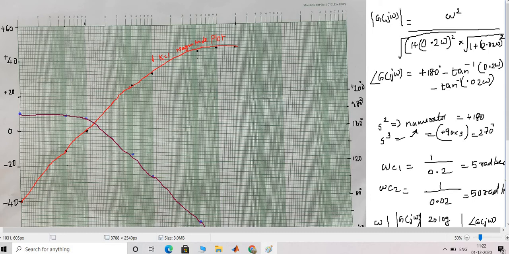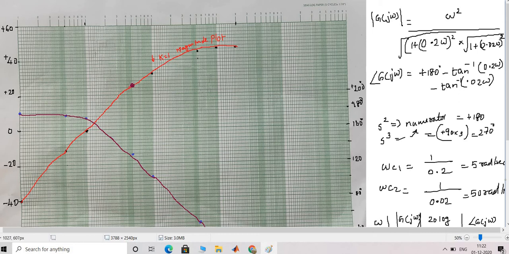From the graph you can see that this is the point where omega is 5 radian per second, and corresponding to this point the gain is plus 25 dB.